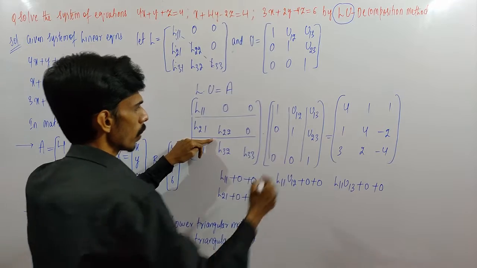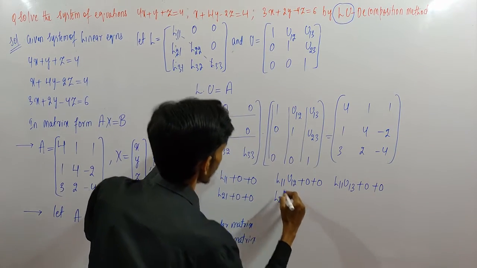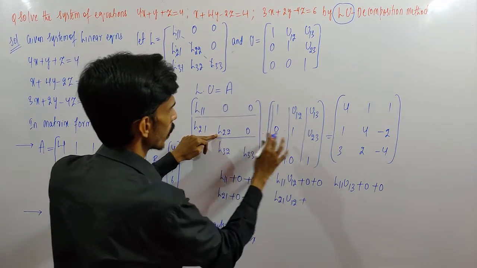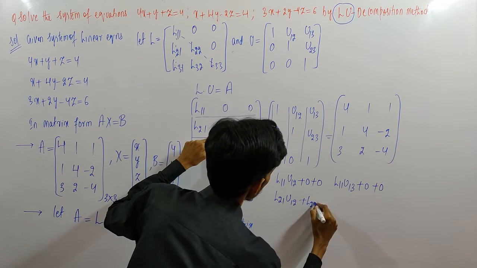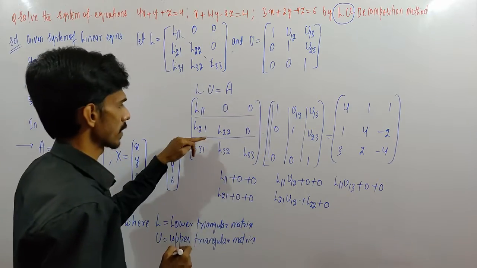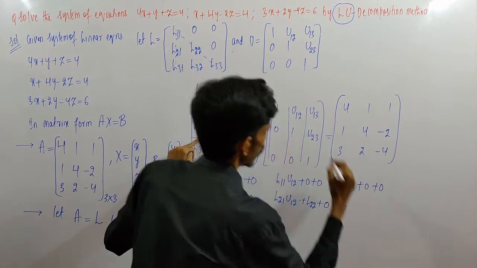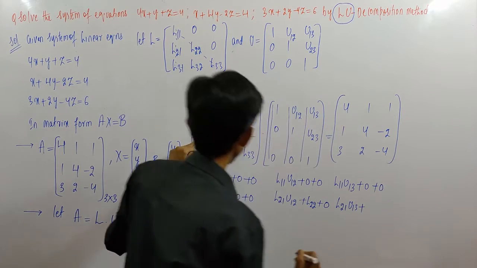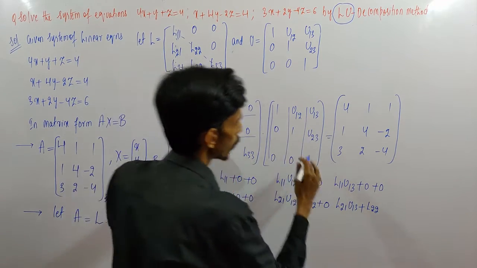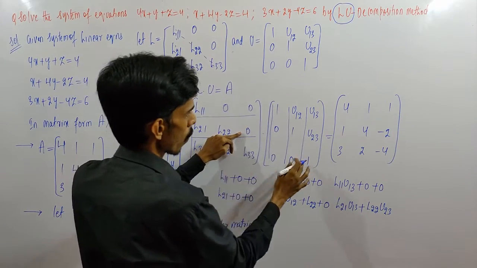Now second row, second column: L21 into U12 plus L22 into 1 is L22, plus 0 into 0 is 0. Next second row, third column: L21 into U13 plus L22 into U23, plus 0 into 1 is 0.